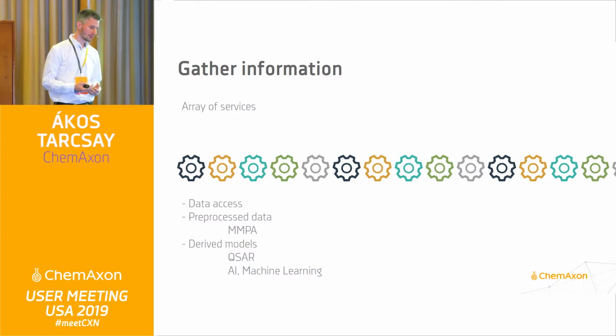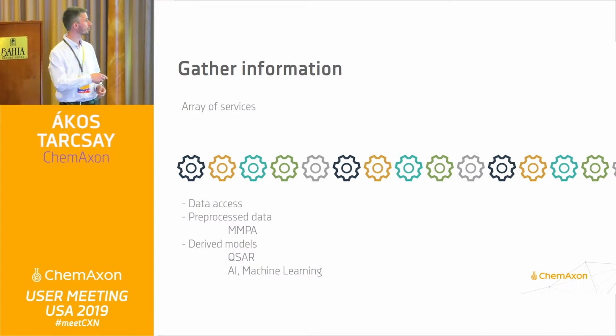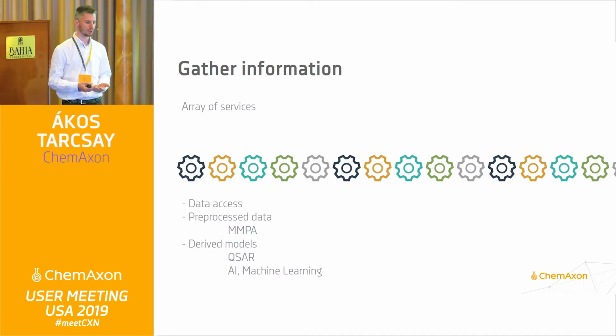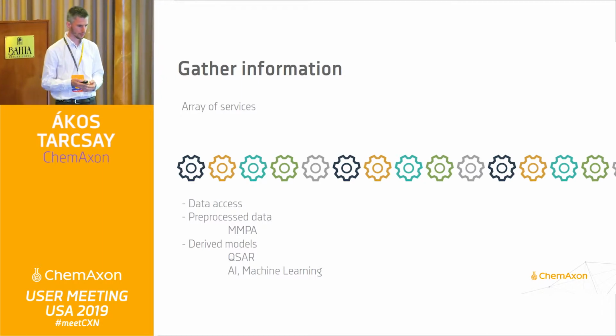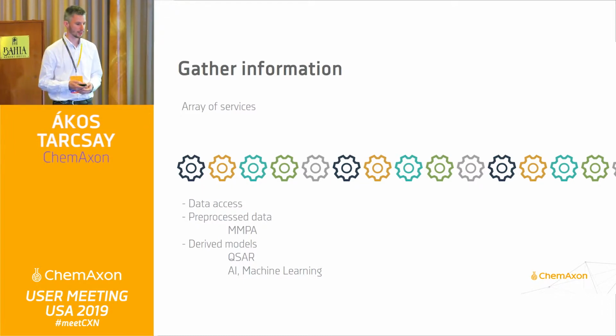And how do we gather the information? So you have this array of services that are represented by these gears that can do data processing, pre-processed data, derived models, as I said, available in your portfolio, in your software landscape.